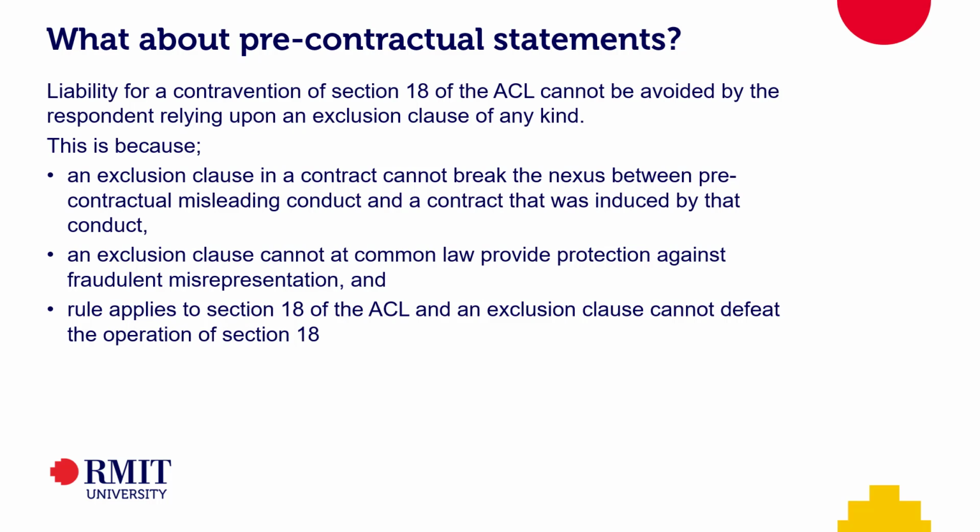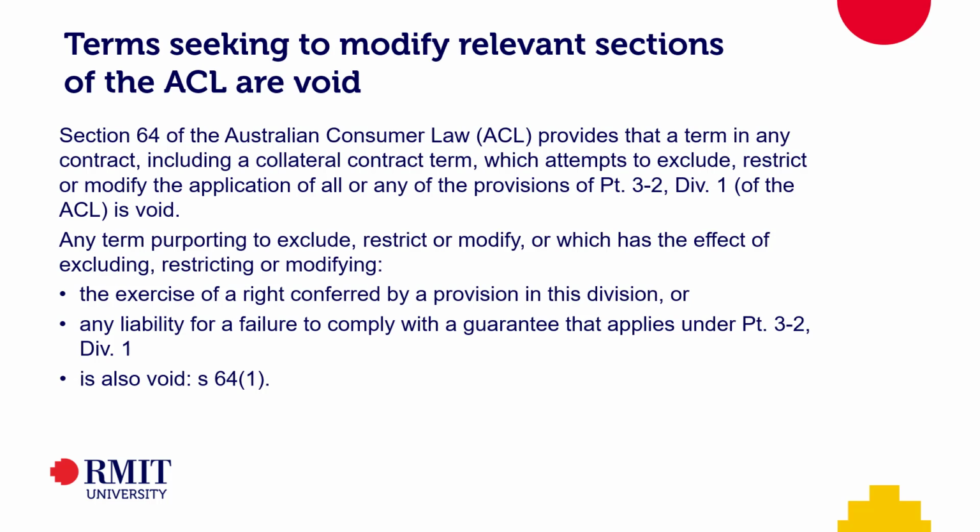So an exclusion clause at common law cannot provide protection against fraud. As a matter of common law, you can't excise out fraud, and the rule applies to Section 18 of the ACL, and because the rule applies to Section 18 of the ACL, we can't exclude Section 18 of the ACL.